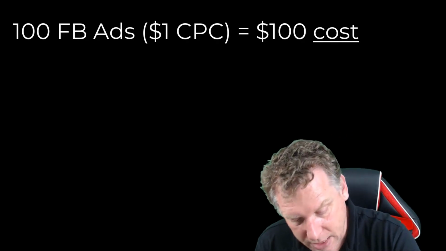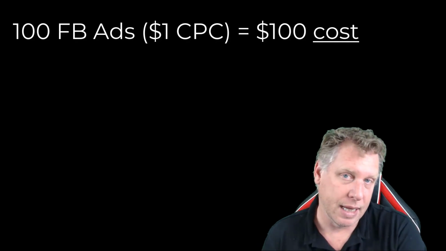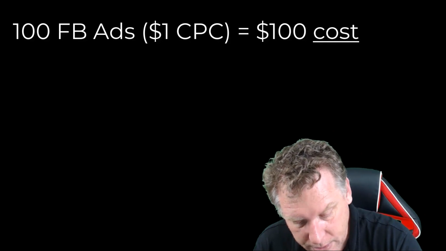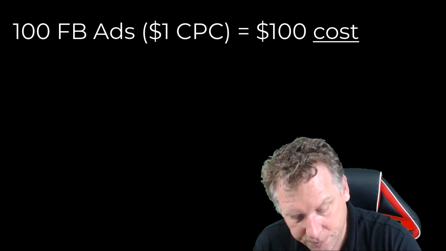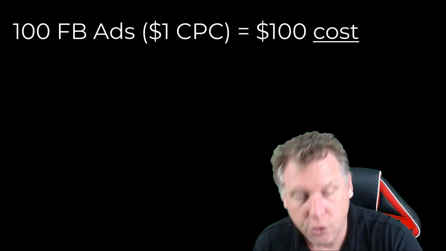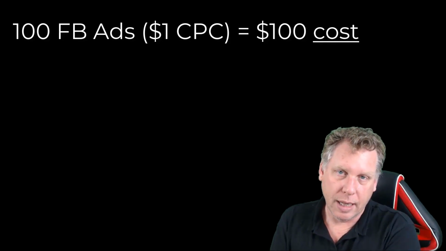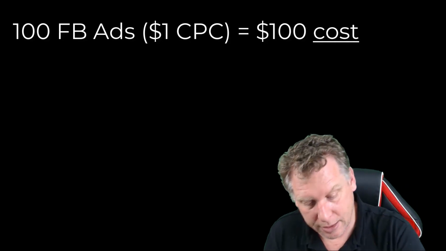Let's say on Facebook we want to place 100 ads, and at, let's say, $1 per click, to keep our math simple, it will cost us $100. Place 100 ads, $1 per click means we get 100 people come through to our landing page.